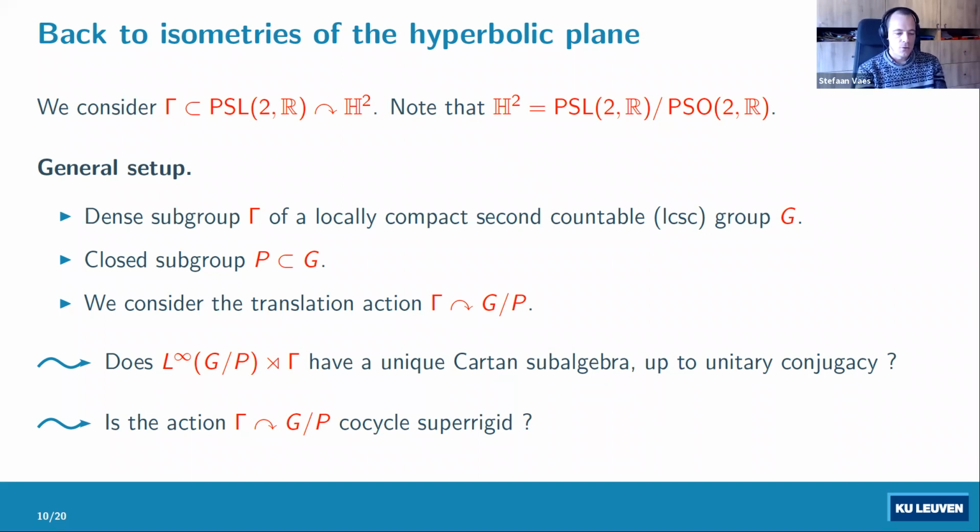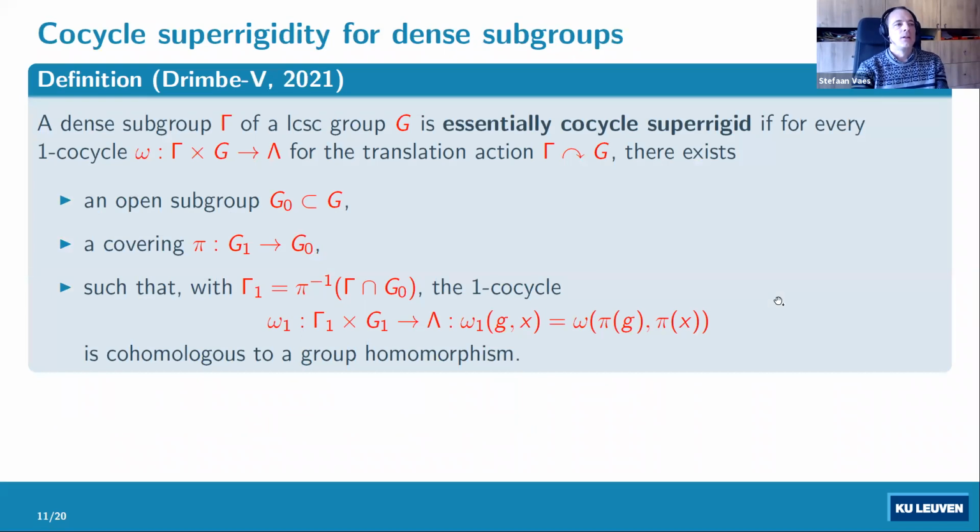And what we do is to phrase this in a very general way. So Daniel and I, we introduce a general notion of superrigidity, of Cocycle superrigidity for dense subgroups of locally compact groups. So we put ourselves in this very general context.